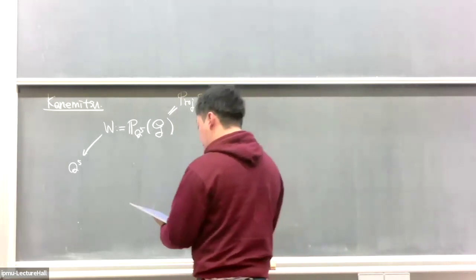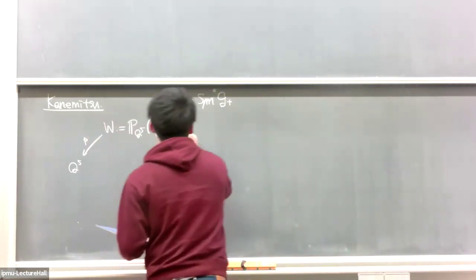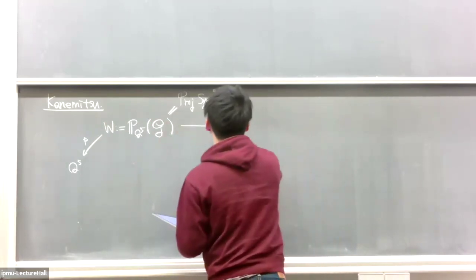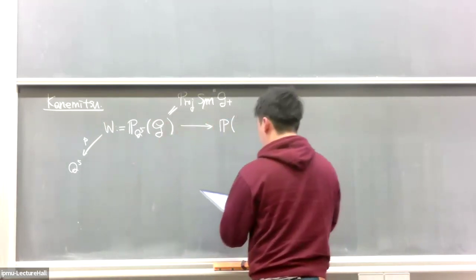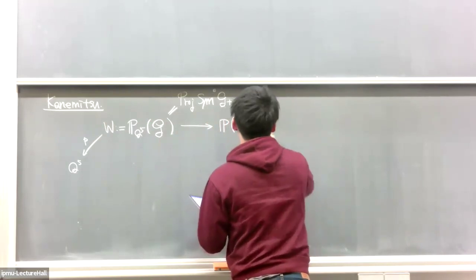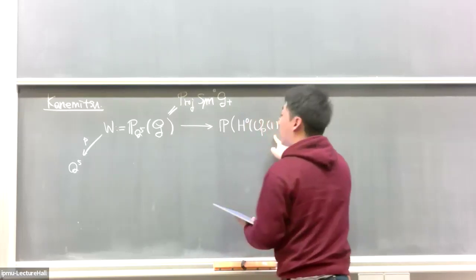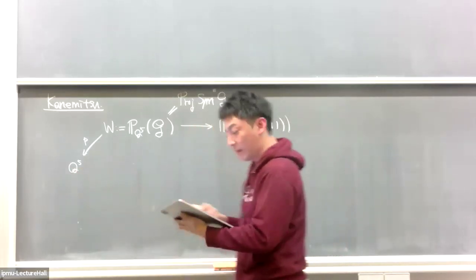Say this projection is P, and consider the linear system corresponding to this projectivization.